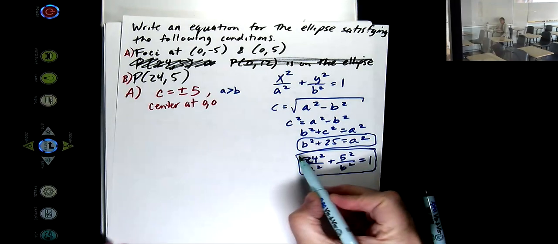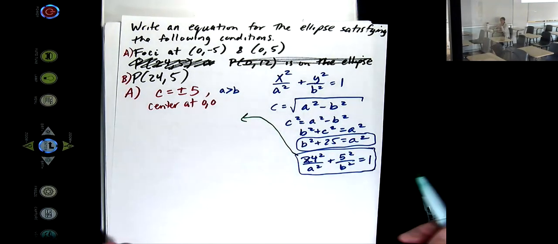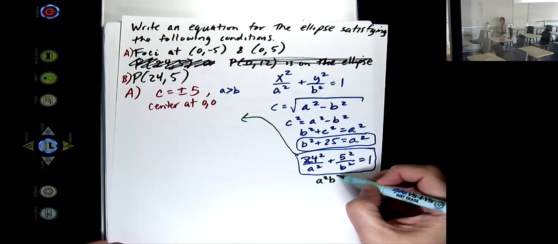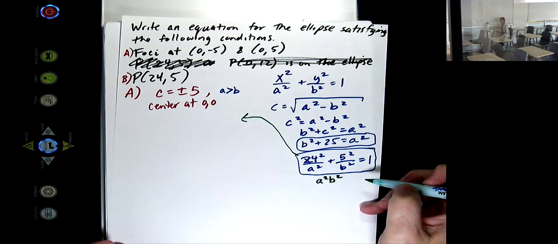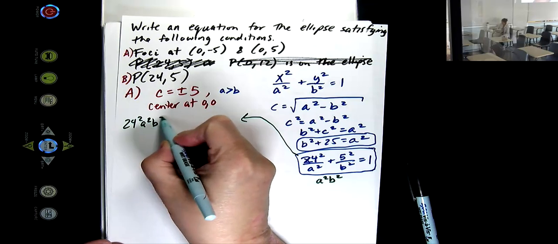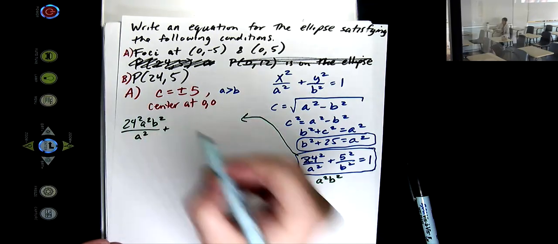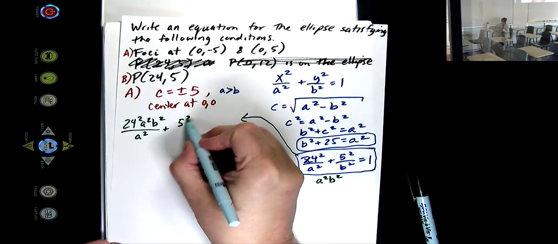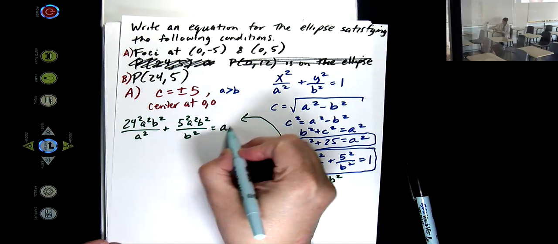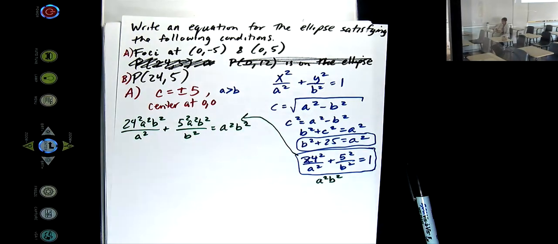So what I'm going to do is, they made this ugly. We're going to clear fractions by multiplying through by a squared times b squared. I'm going to do that without canceling anything out, because saying it out loud is a little confusing. But if I show you, then you might be okay. I literally multiplied everything by a squared b squared.